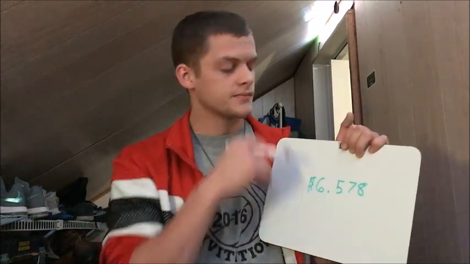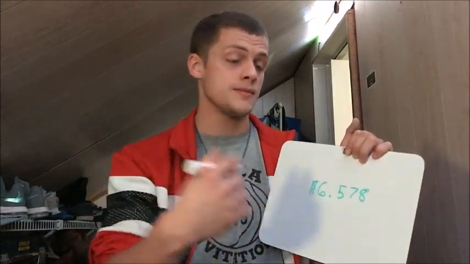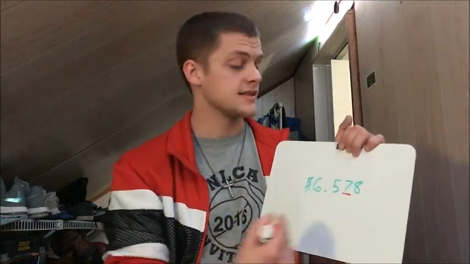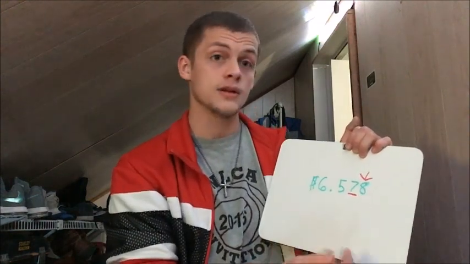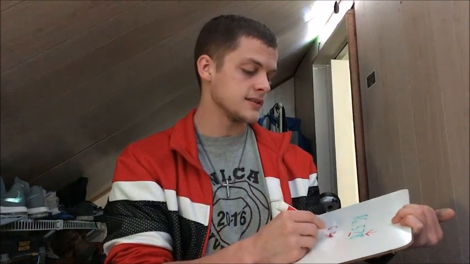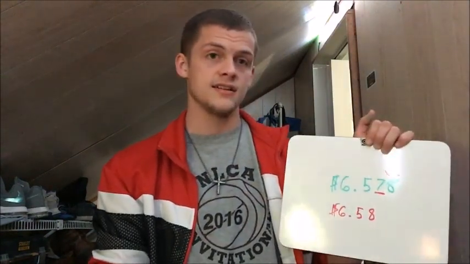That makes sense because there are 100 pennies in a dollar. So we want to round to the nearest cent, to a number that makes sense. So there's our cents place, the hundredths place, which would be the nearest cent. Our determining digit would be the 8, and so we're going to round up, which gives us $6.58, right?